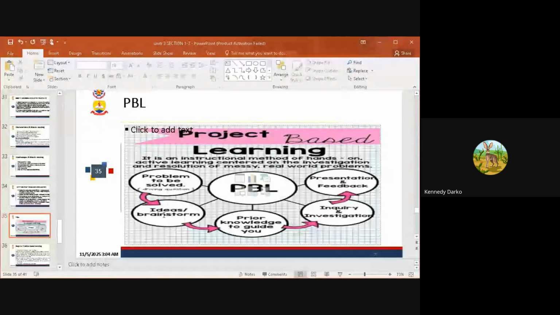Ideas are brainstormed. Then prior knowledge guides you, the knowledge you have learned here should be able to guide you. Then inquiry and investigation, so you inquire, you investigate. Then presentation and feedback is given. So this is project-based learning where you use inquiry, your previous knowledge, your ideas, you brainstorm, you inquire, you investigate, then you present the information.